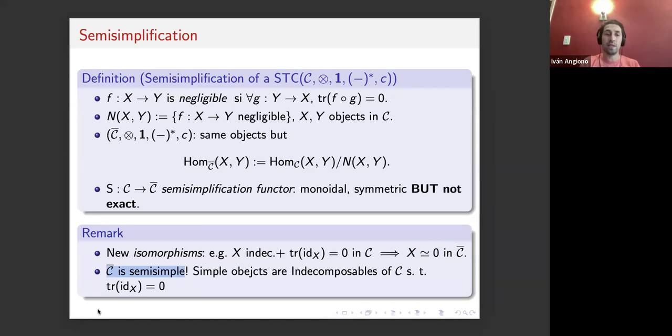I forgot to add: the simple objects down are the indecomposables up such that the trace is not zero. Because those with trace zero, as I say here, they are zero. So you keep as simple objects the indecomposables up such that the trace is not zero. Very nice characterization. Okay. The definition is quite technical.